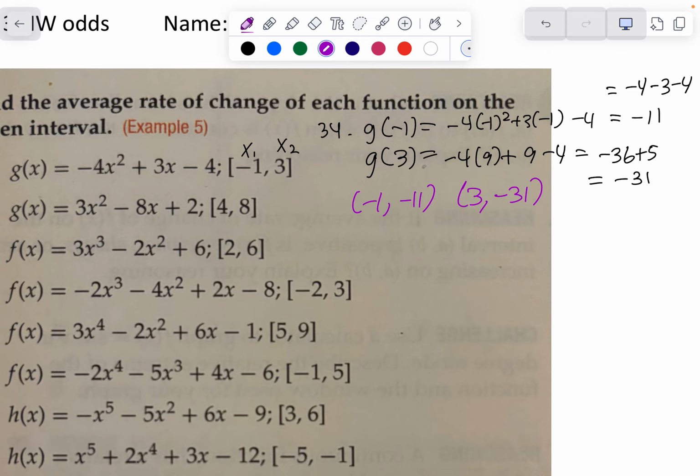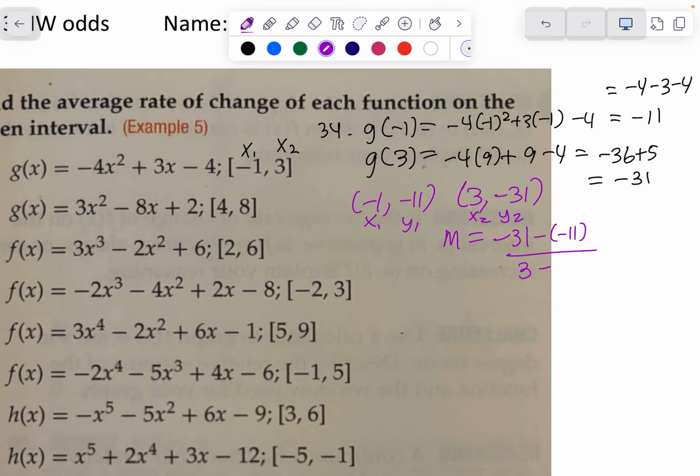So your average rate of change, make this x1, y1, this x2, y2. So we're just plugging those into the slope equation. So it's -31 minus -11. So that's the difference of the y's over the difference of the x's. 3 minus -1.